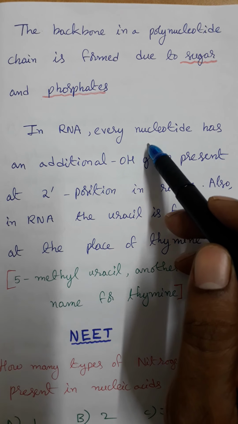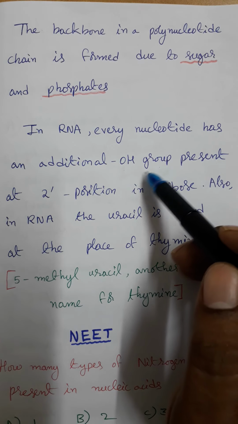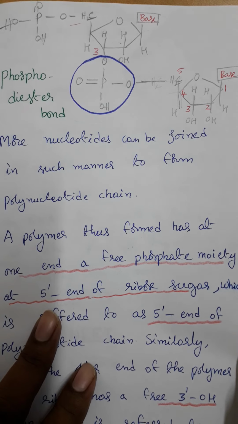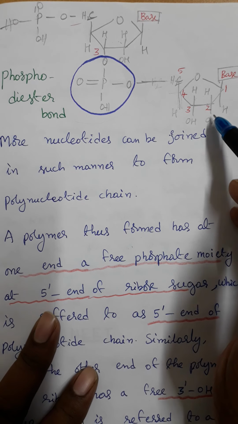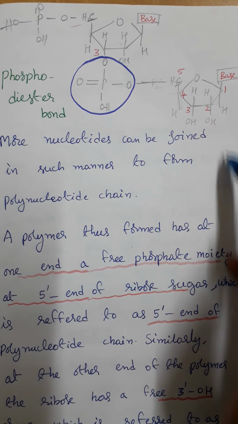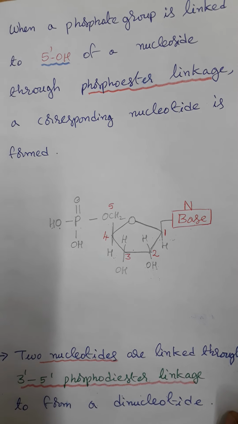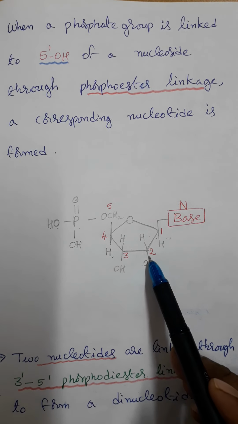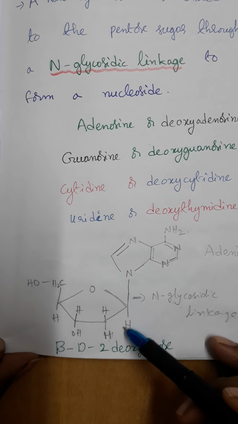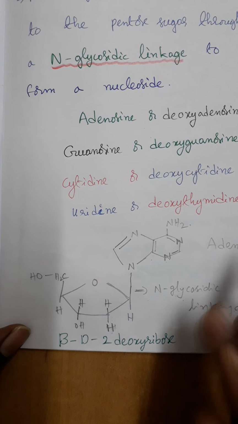In RNA, ribonucleic acid, every nucleotide has an additional OH group present at the second position in ribose. Additional OH, look at here. Ribose has the additional OH, whereas in deoxyribose sugar it is absent.